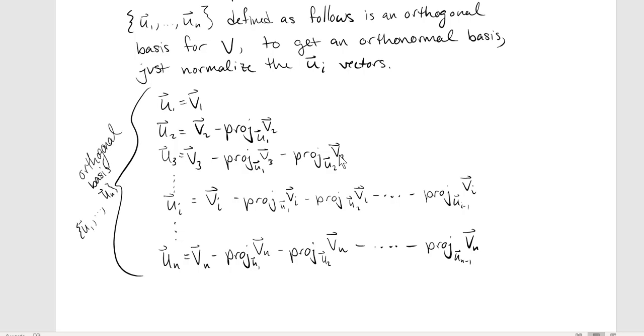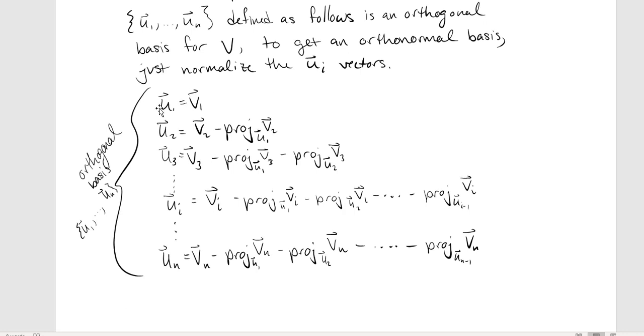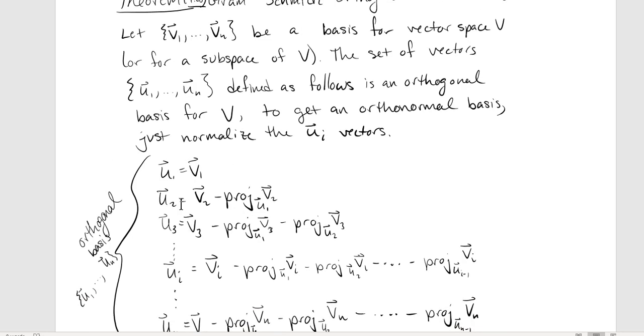If we wanted an orthonormal basis, we'd have to normalize each of these, divide them by their own magnitude. So let's just see how these u's defined this way actually do provide an orthogonal basis without the orthonormal part. So u1, just let it be v1. Start in the direction of one of these guys here, say v1. U2, the idea here is u2, you want to take the v1 you've already got, and now you've got some v2 here.